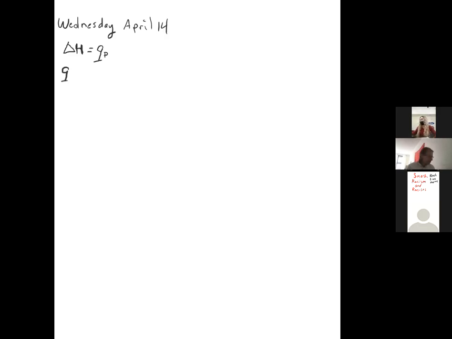So Q is equal to M C delta T. Let's write it out. M is the mass of the substance changing temperature. Typically that's the water, the solution that you're running a reaction in.